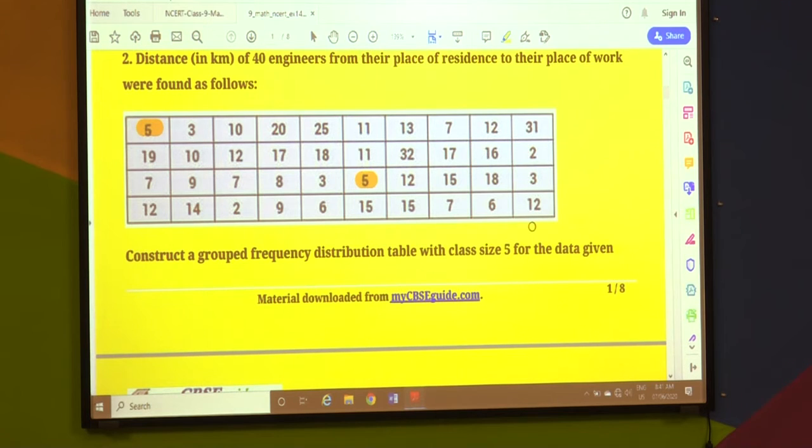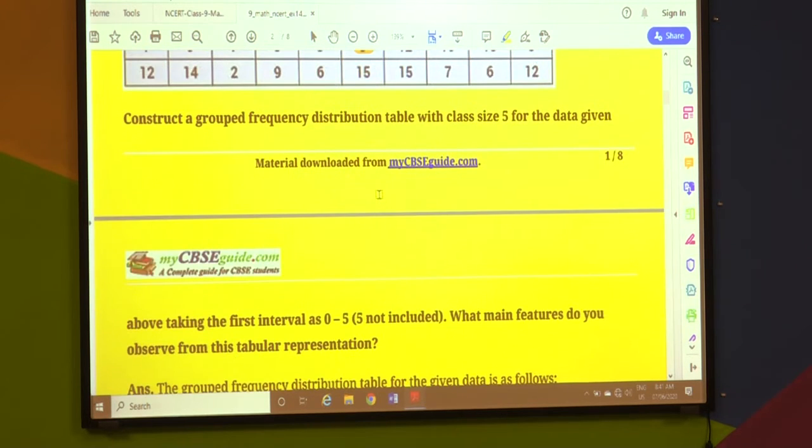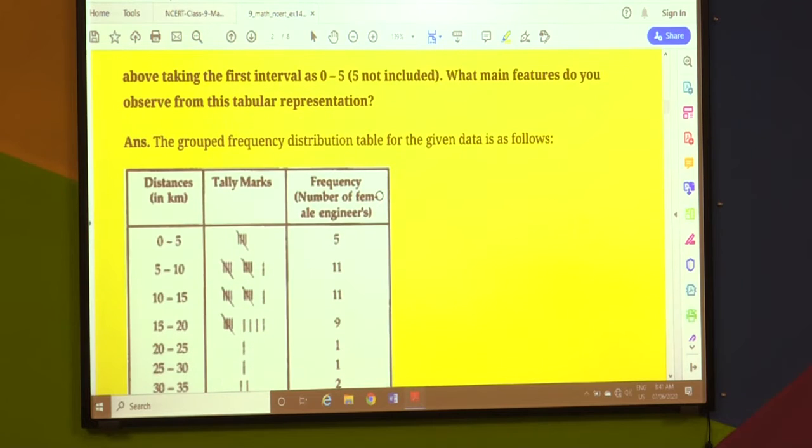It becomes very easy for me to count. Else it becomes difficult or confusing. So if we write in this tabular form in a particular way, making a table, it becomes very easy for us to count and to prepare the frequency distribution table.